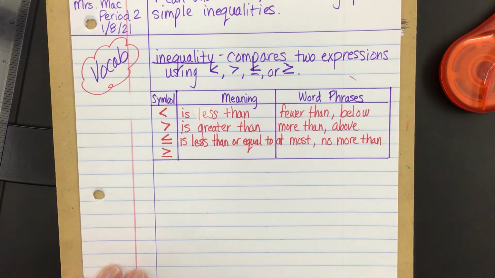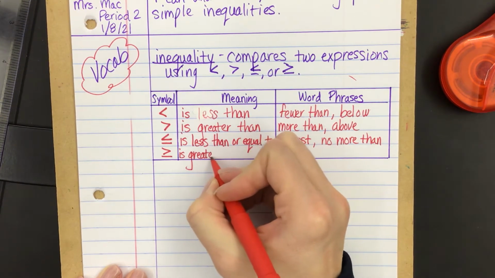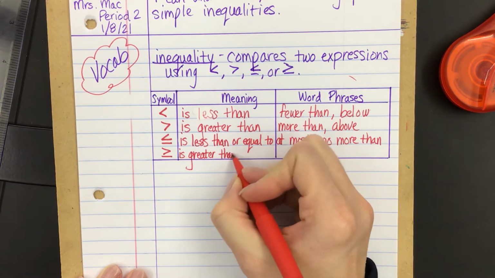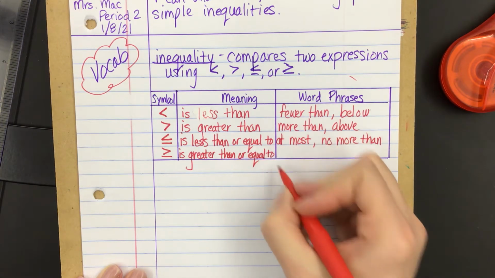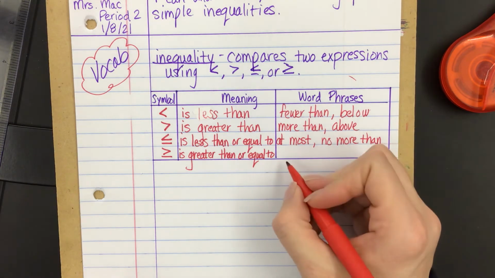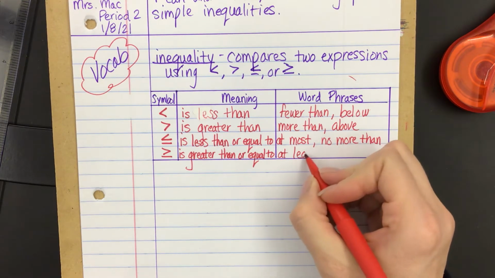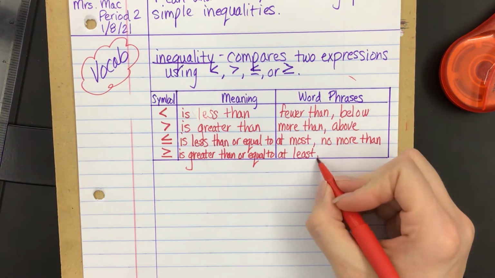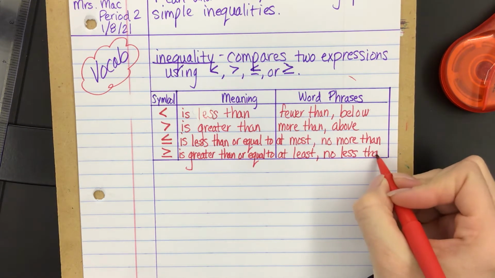The next symbol is read is greater than or equal to. And some common phrases you're going to see to indicate this symbol would be at least or no less than.